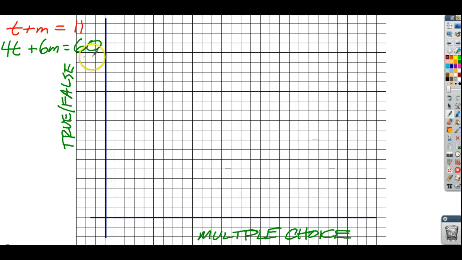Now I'm also going to look here and say, okay, well, if I only use true false questions, right, and each of them is 4 points, how do I make 60 points? Well, 60 divided by 4 is going to be 15. Does that sound right? 15 times 4, 15 times 2 is 30. Yes, 15. So if the points are only made up of true false questions, I'm going to have 15 of them.